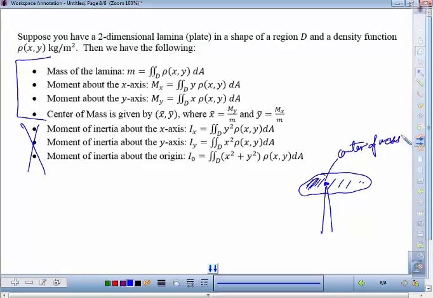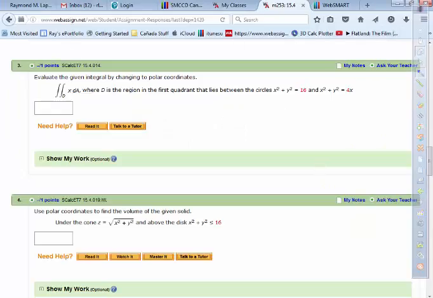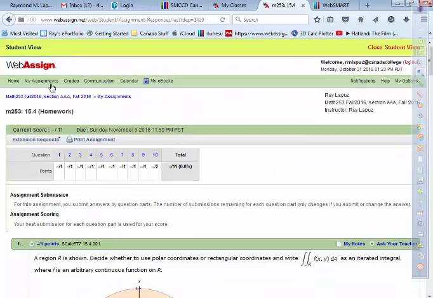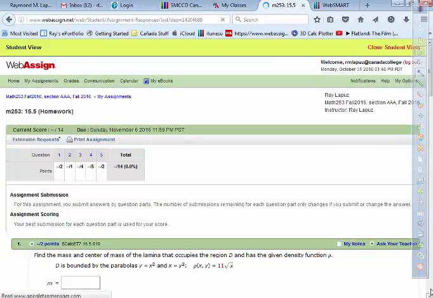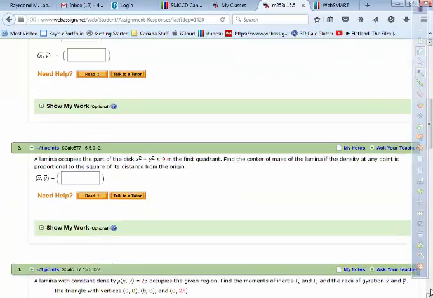So finding a center of mass. Let's see if we have some problems that we can steal from your homework. Oh, you only have 5 problems here.